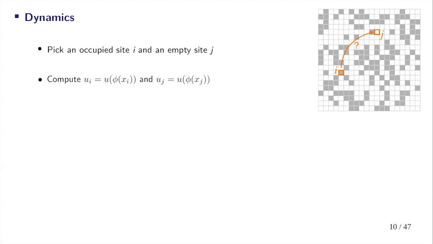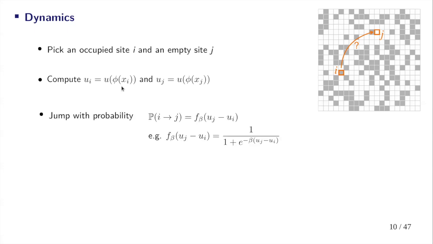People in the city are allowed to move anywhere in the city, not necessarily in their close neighborhood. So you have to compute the utility where you are, the utility where you want to go, and you jump with some probability. And that was a big question in the literature: what is the probability of jumping?